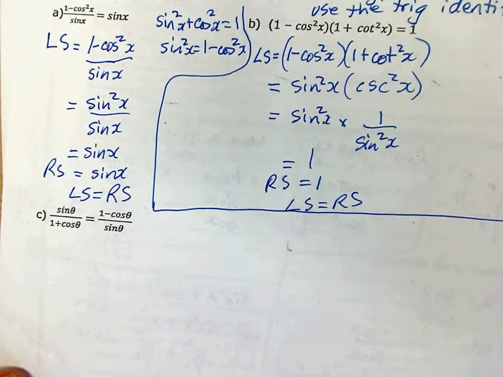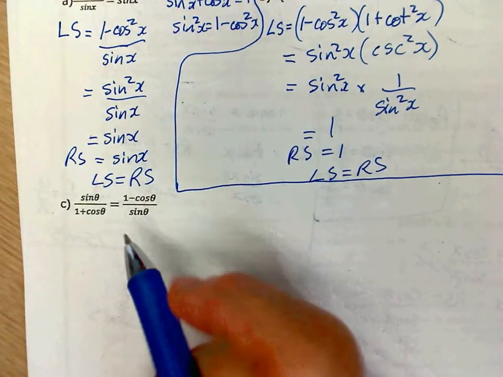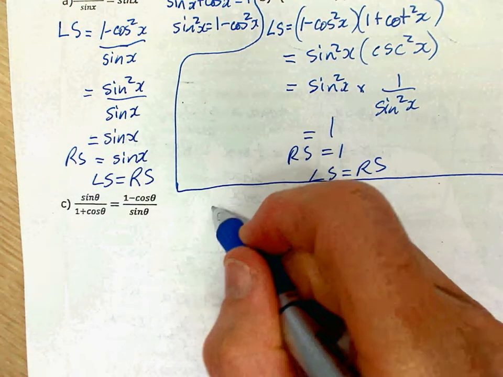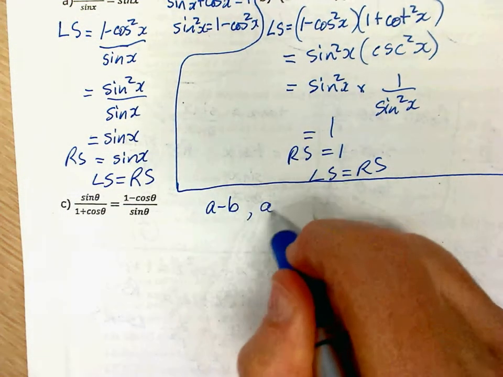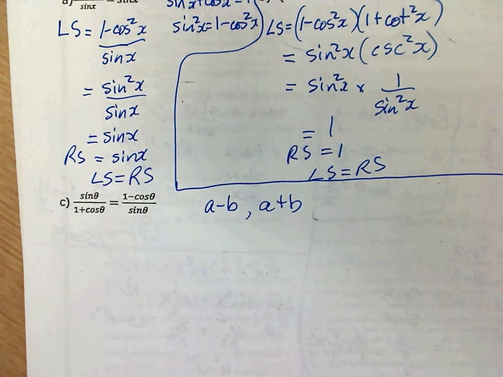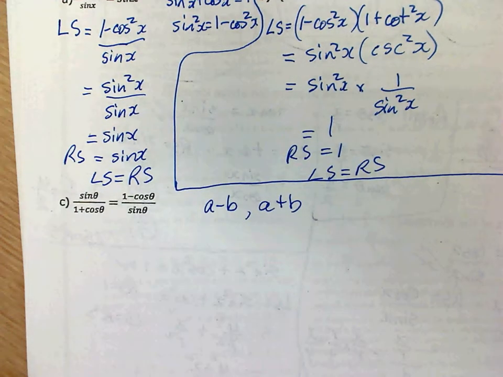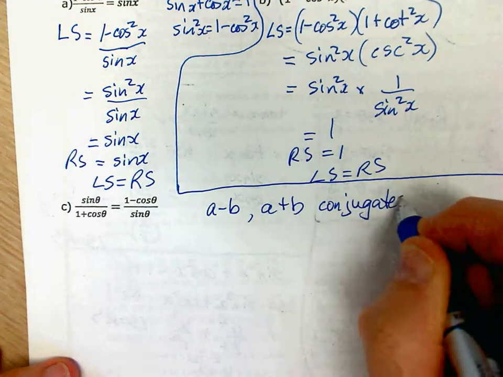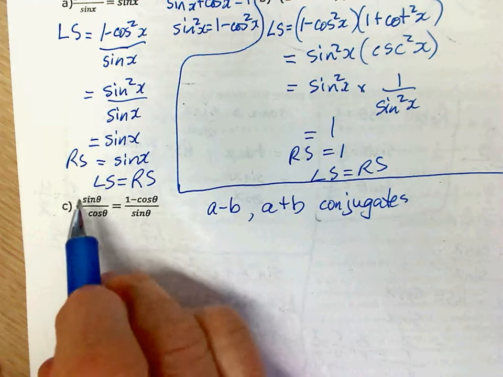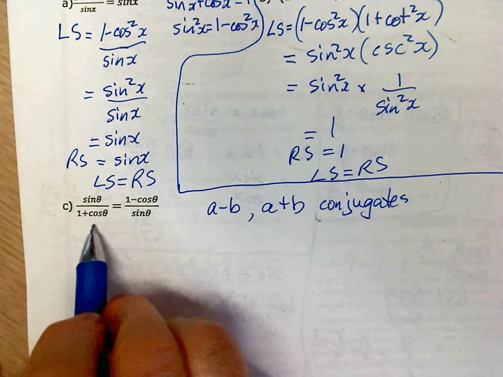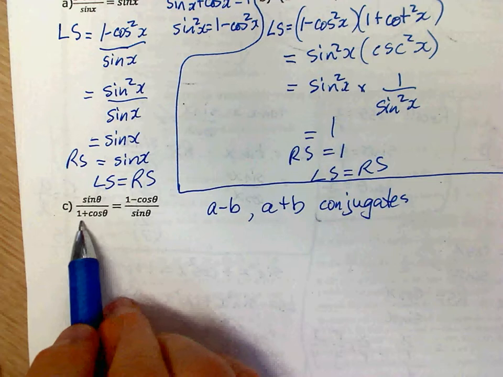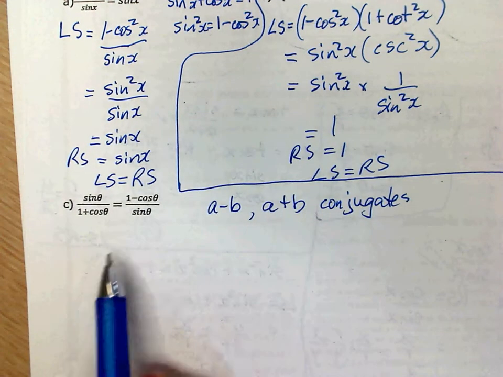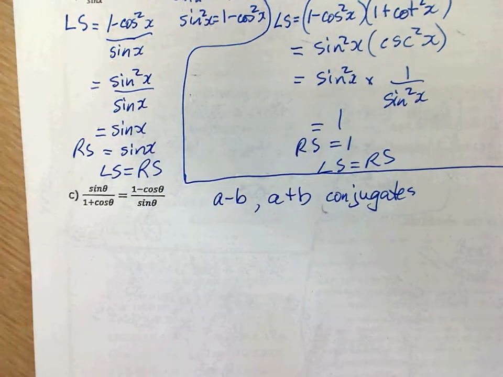Okay, there's a little trick you can do. Do you remember what a conjugate is? They're identical, but the signs are different. So we're going to multiply this by the conjugate of 1 plus cos theta, because if we multiply by 1 minus cos theta, we eventually get sine squared theta, because sine theta is on the bottom.